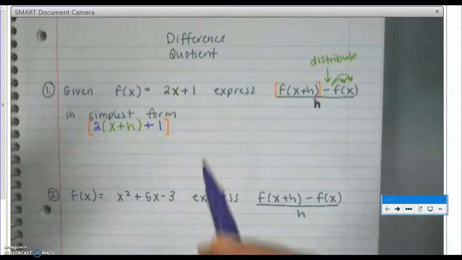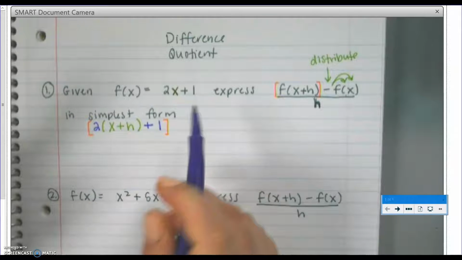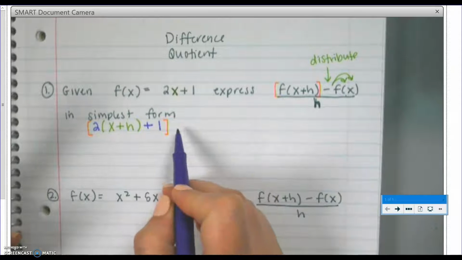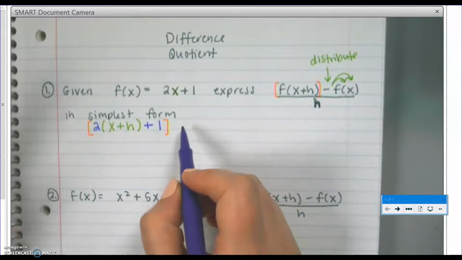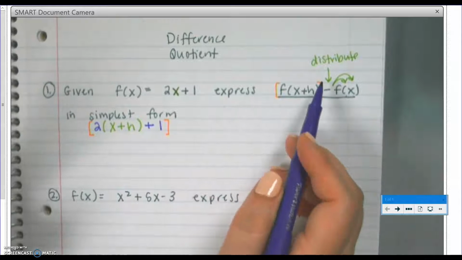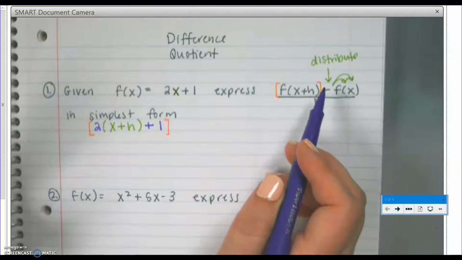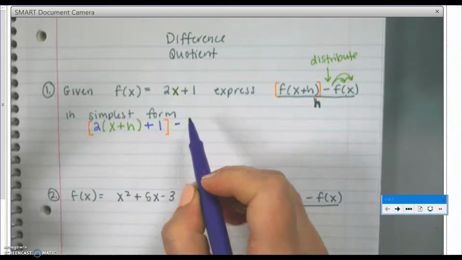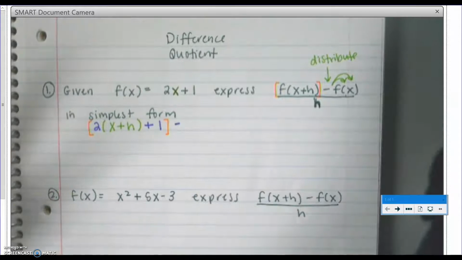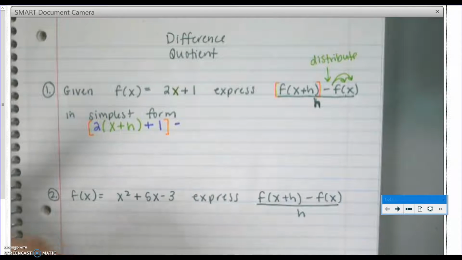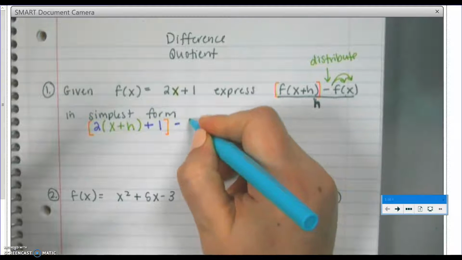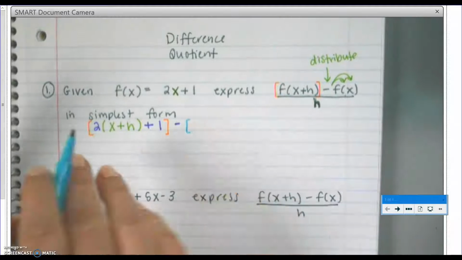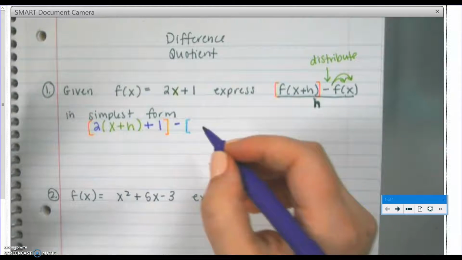All right, now I need to do minus f of x, and f of x is just the original function. So that's why that little note there to distribute is so that you can remember that that also needs to go in parentheses.